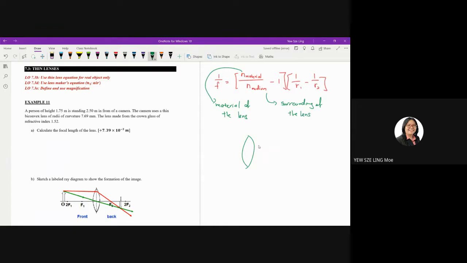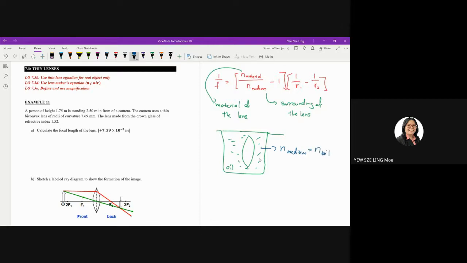In some of the questions, they actually place the whole lens inside oil. If you place it in the oil, then what you use as N medium is N oil.